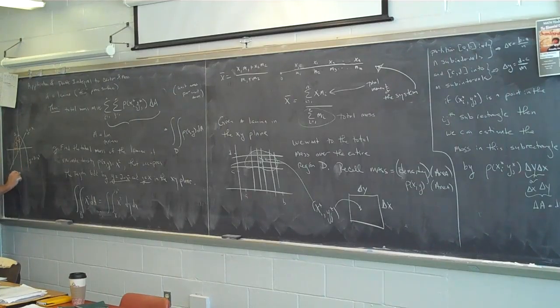So points of intersection: 2 minus x squared equals x, 0 equals x squared plus x minus 2, x plus 2 times x minus 1 equals 0, x equals negative 2, x equals 1.